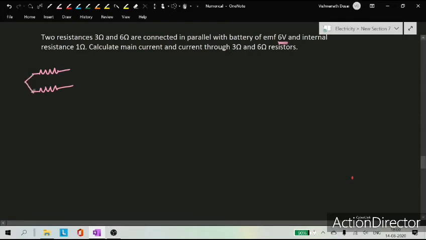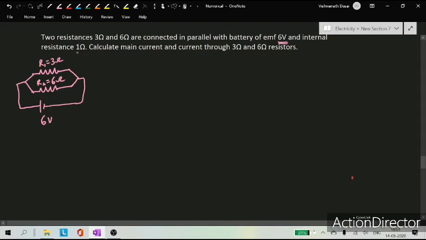Both are connected in parallel with a battery of 6 volt. I can call the first R1 resistor, which has 3 ohm, and the R2 resistor has the value 6 ohm.